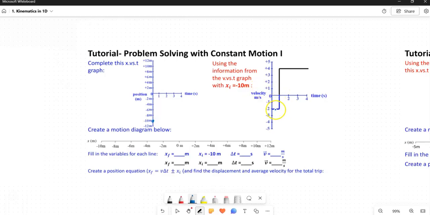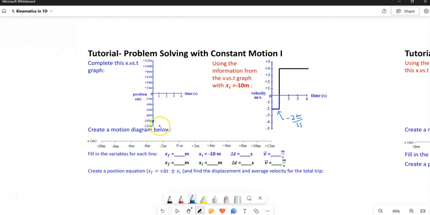It looks like it has a constant velocity of -2 meters per second, so -2 meters displacement for every 1 second. So it's going to be traveling to the left 2 meters over the period of 1 second.